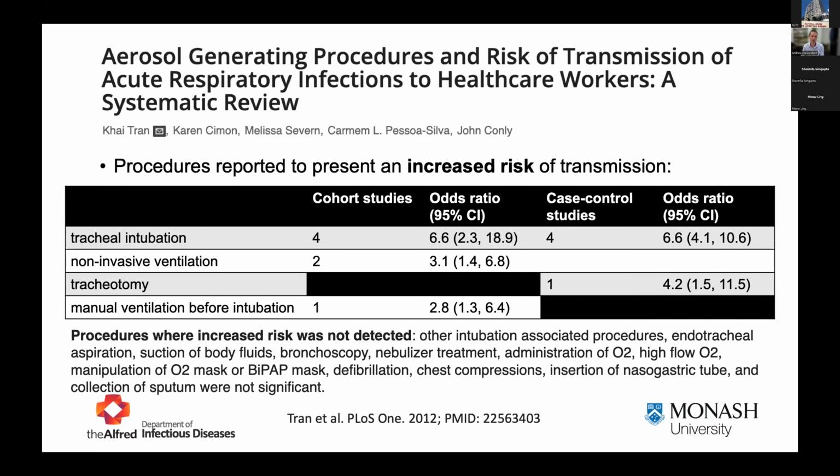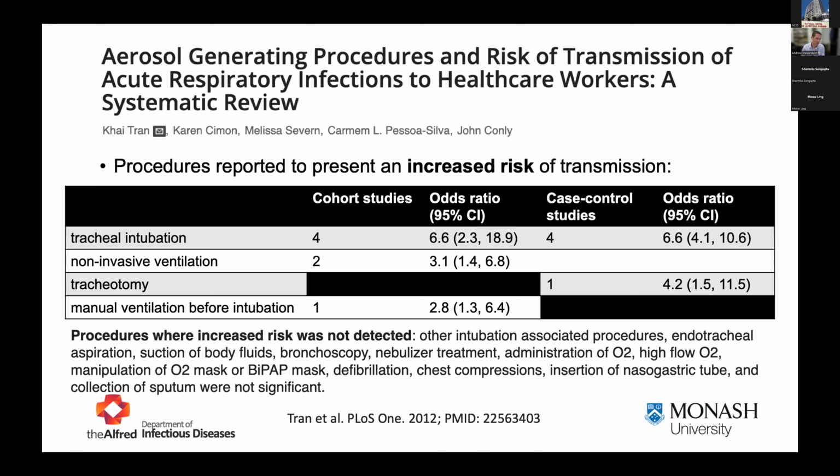And again, this is comparing healthcare workers exposed to these compared to those who were not. So odds ratio of 6.6, pretty high. Non-invasive ventilation, 2 cohort studies with an odds ratio of 3. Tracheotomy, 1 case control with an odds ratio of 4. And manual ventilation before intubation, odds ratio of 2.8.